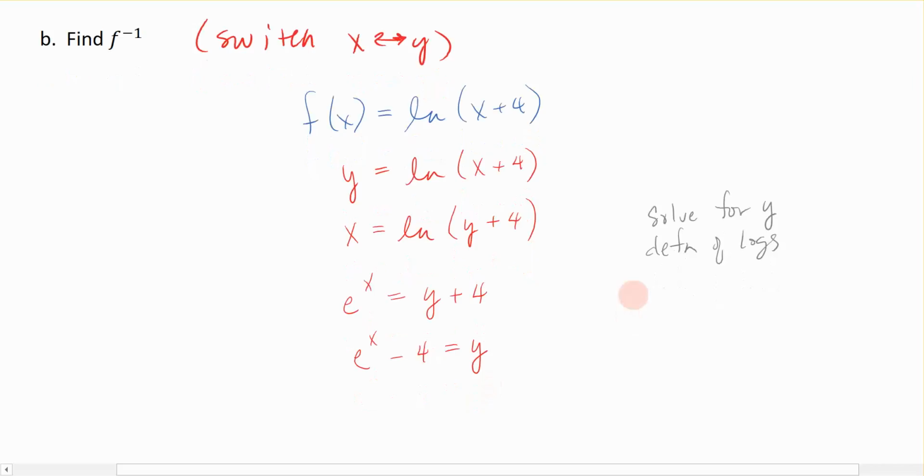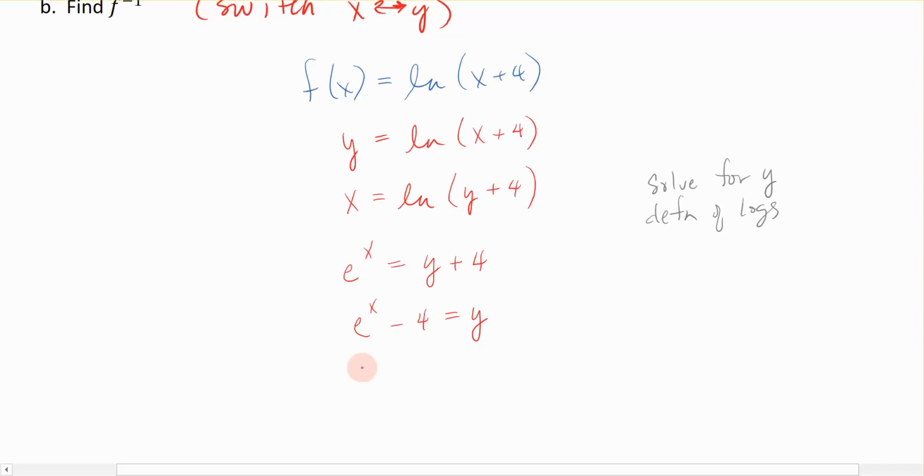And I can rewrite this now in its inverse function form as the inverse function of x is equal to e to the x minus 4. And there I found the inverse of my original function. So here we started with a log, and now I have an exponent, and there we go.